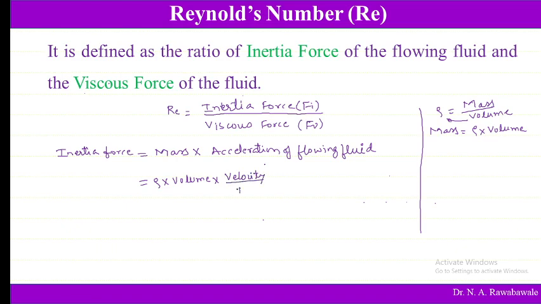So acceleration is written as change in velocity per unit time. This can be written as rho into volume divided by time, into velocity.